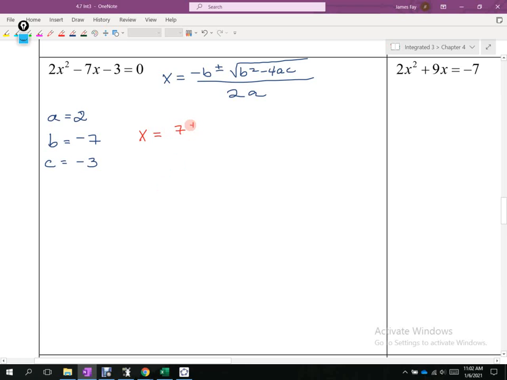Okay. Then we got plus or minus. Okay. We'll have then -7 squared. That's B. So when I'm substituting inside this radical, I'm going to put everything that I substitute in parentheses so that I don't mess up signs later on. A was 2, and C was -3. And we'll put that over 2 times A.